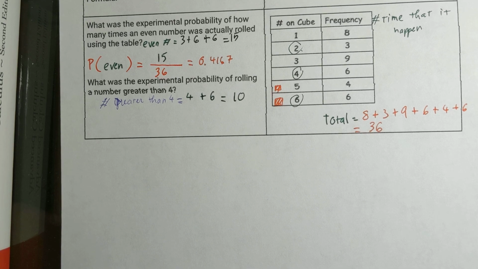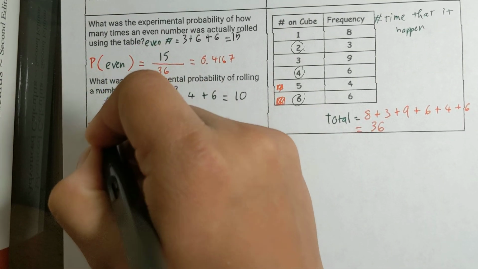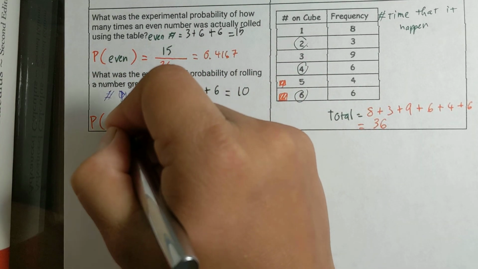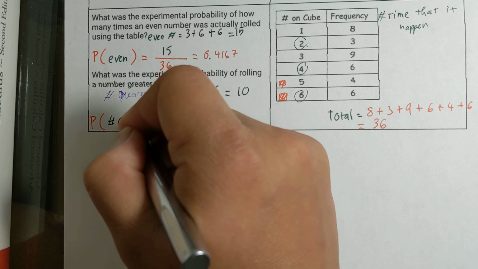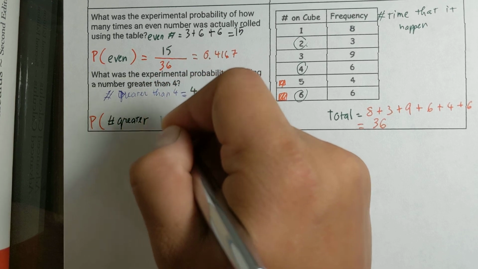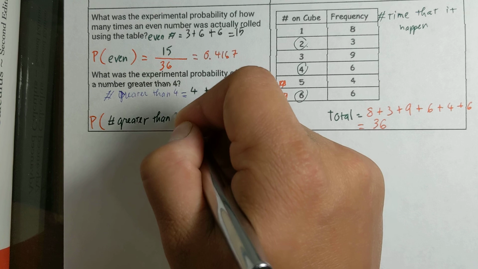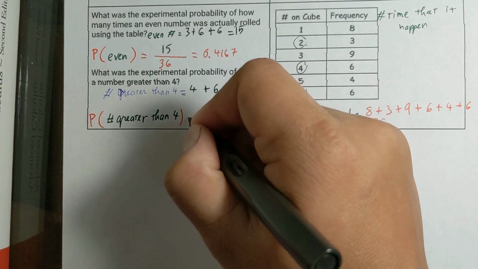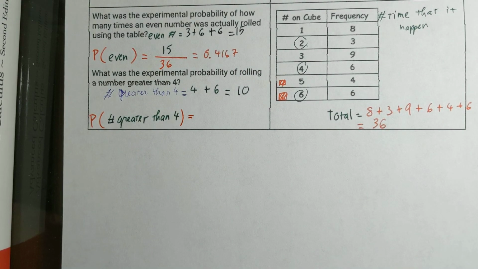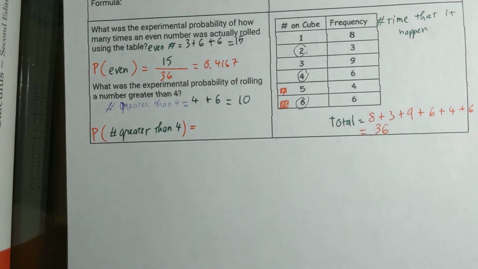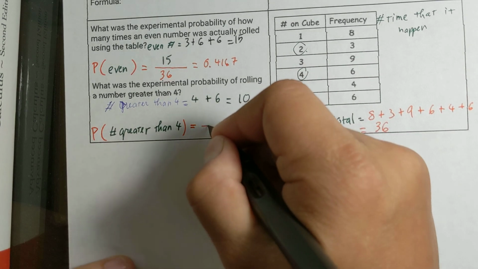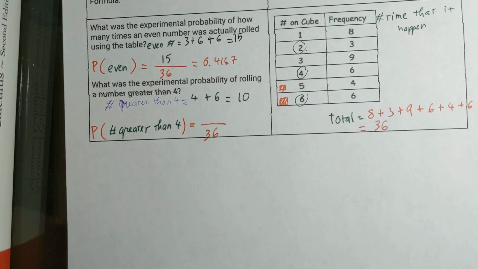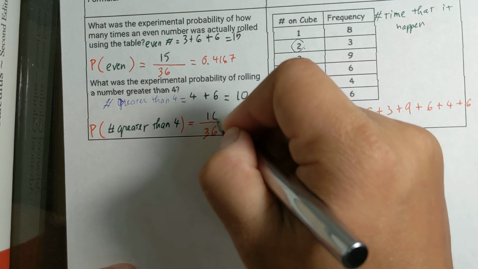So to complete this, the probability of a number greater than 4 will be 10 over 36.